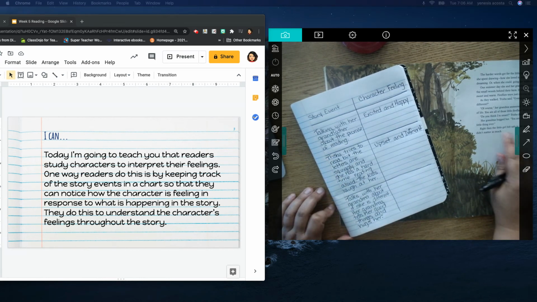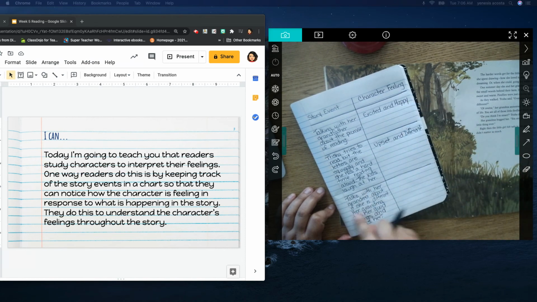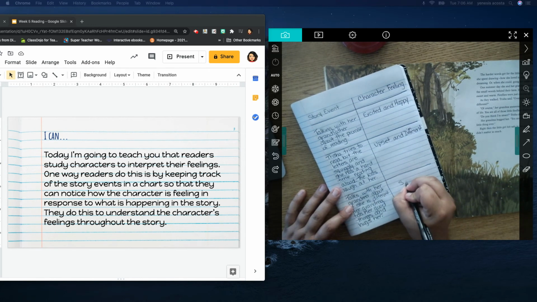And it even said that the little girl felt safe. So, her feeling during this event in the story was that she felt safe.